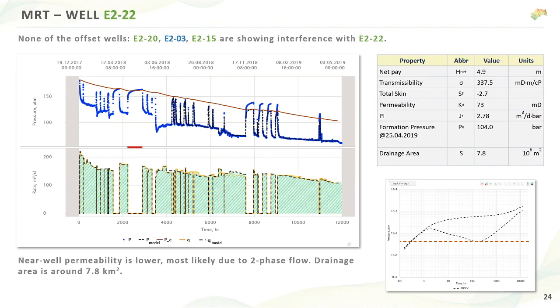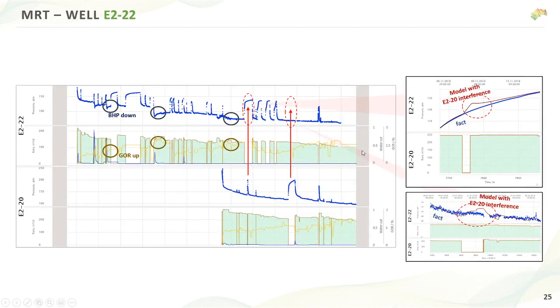So this is a first sign that wells number 20 and 22 are not interfering. Also, of course, we identified the reservoir and well properties. We estimated drainage area, the reserves for this particular well, and so on. Right, but now let's take a closer look.